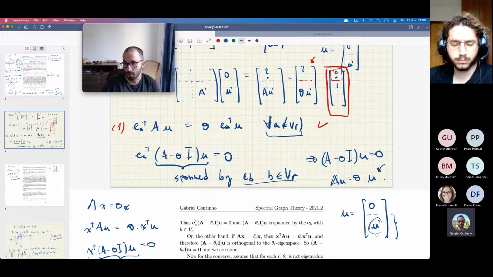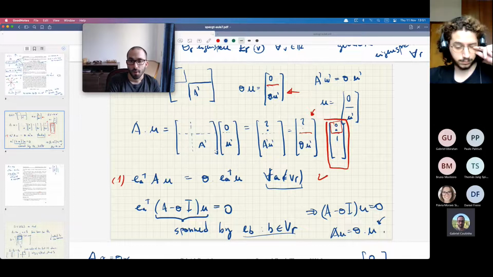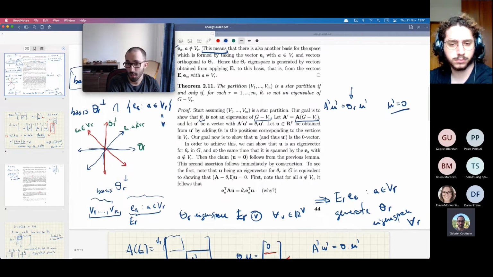So U prime is equal to 0. And therefore, this A prime matrix does not contain theta as an eigenvalue.